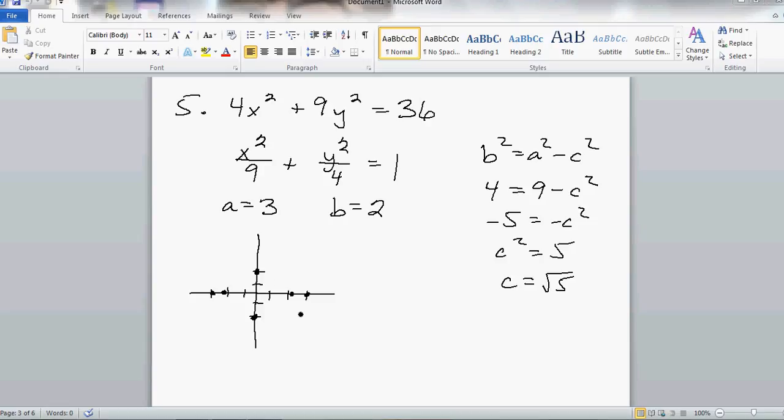Then we try and draw a fairly nice ellipse around there, and we get something that looks like that, and realize the focus here would be negative root 5, 0, and the focus here would be square root of 5, 0 on the positive end.